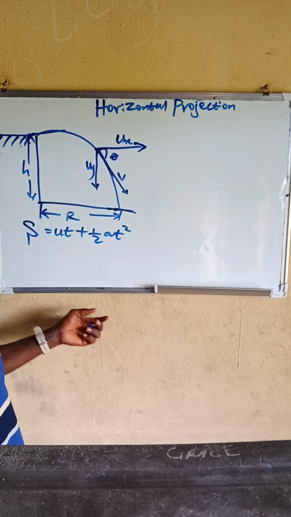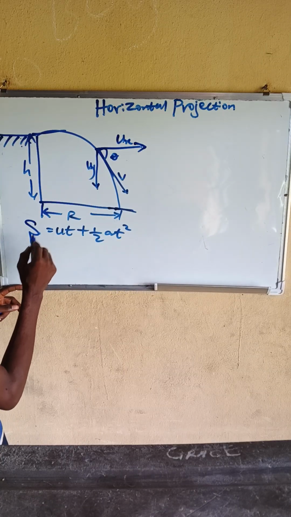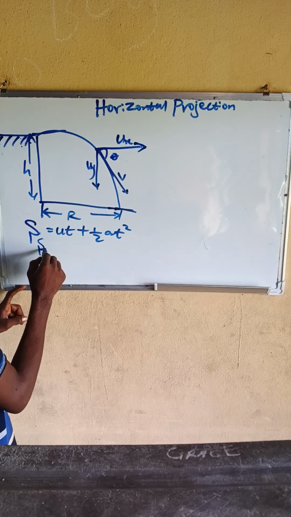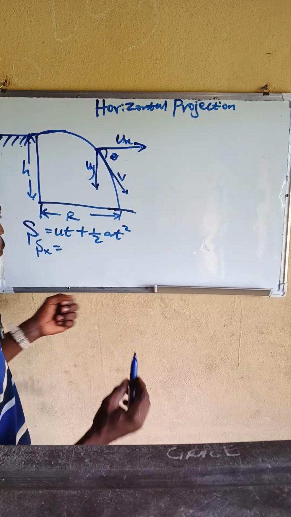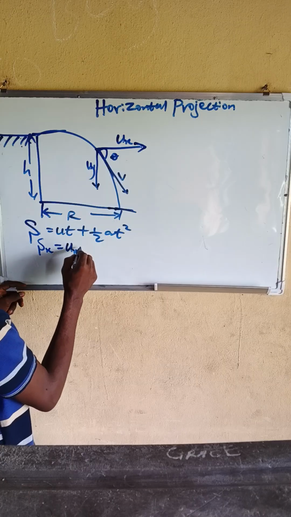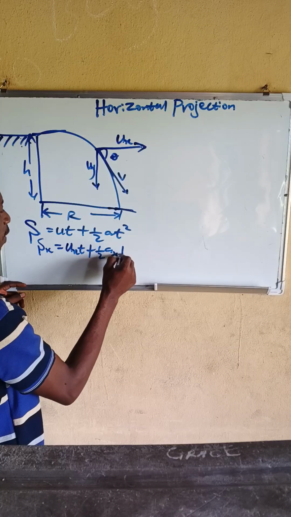So how do we relate this to this diagram? For horizontal components, Sx is equal to ux t plus half axt squared.